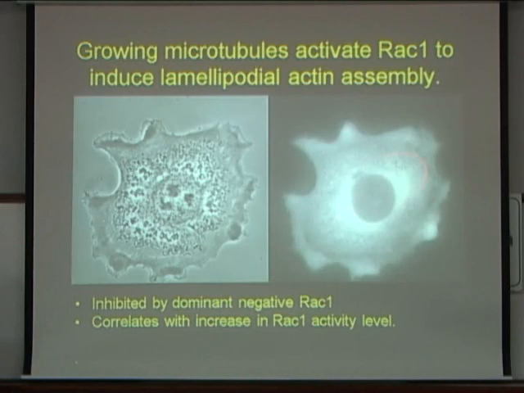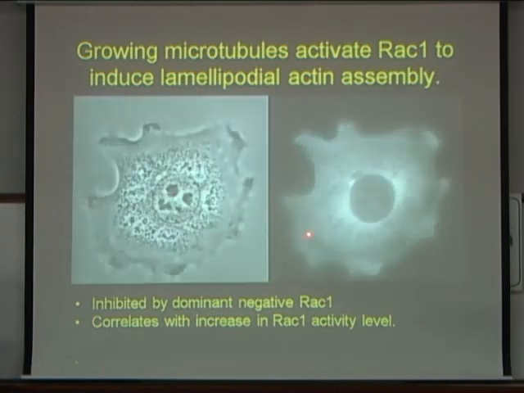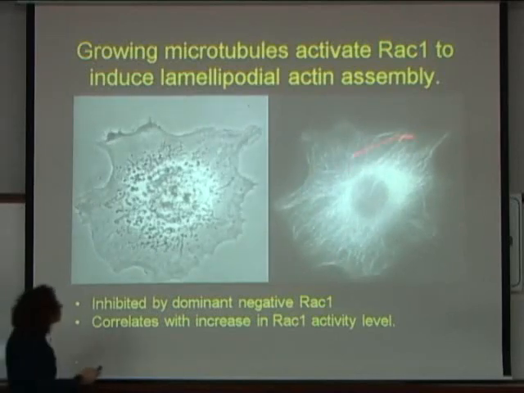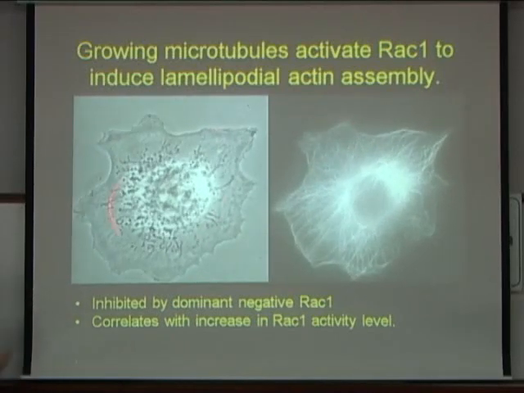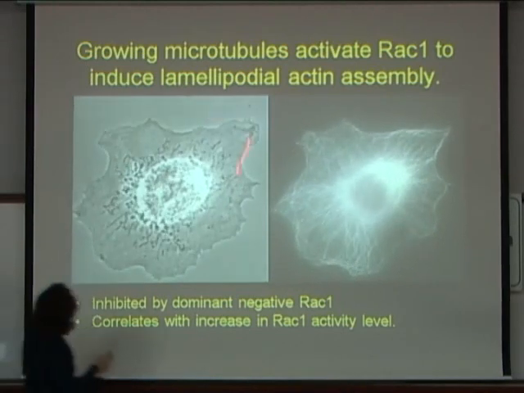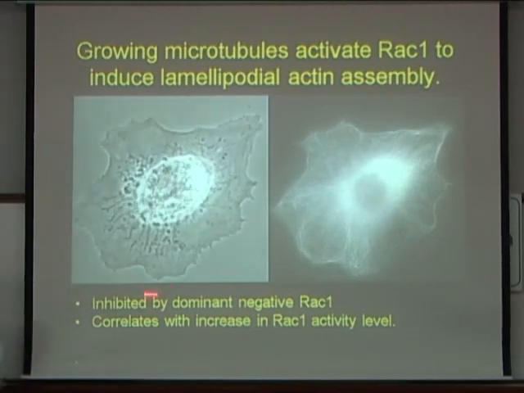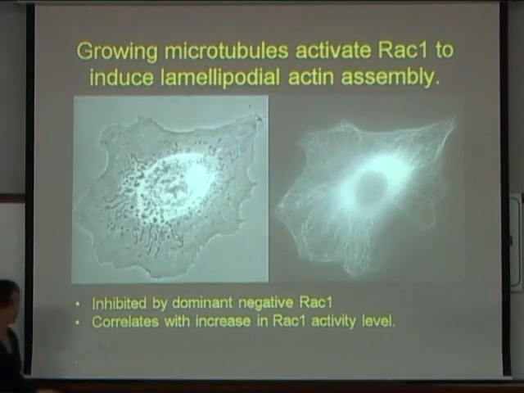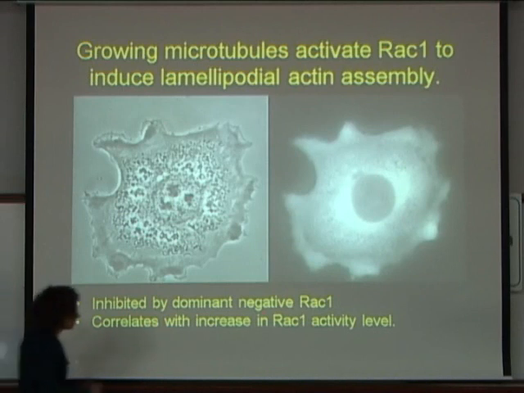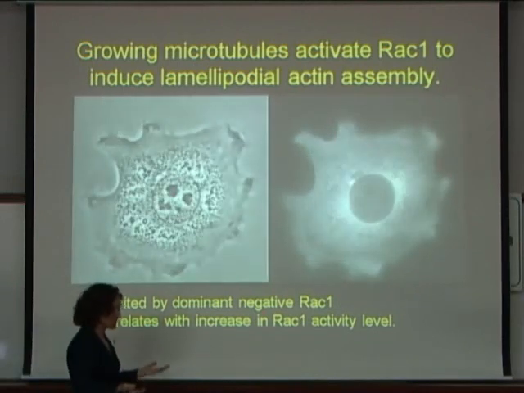So we treated the cells with this drug, nocodazole. We wash out the nocodazole, the microtubules regrow out to the periphery, and what you see in the phase contrast movie is that the initiation of that growth corresponds to this burst of lamellipodial ruffling around the periphery of the cell. So this lamellipodial ruffling, I knew, was activated by RAC.